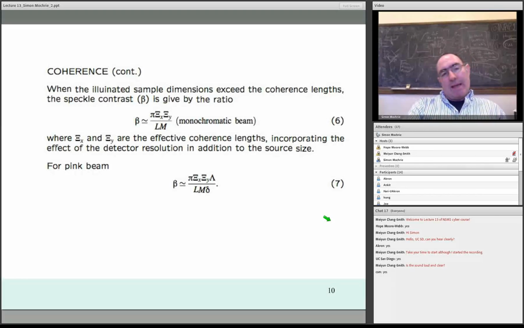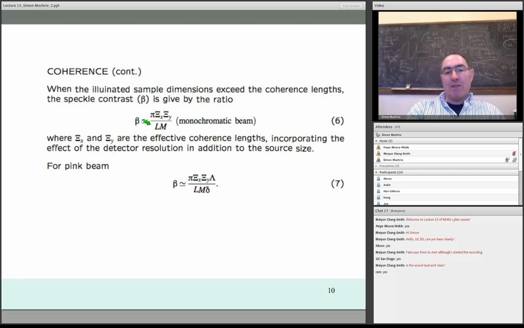So as I proceed, you'll see this quantity beta, which is like the speckle contrast. It's really how visible the speckles are, and I'll show you some X-ray speckles in a minute. But what this formula tells you is simply that beta is related to the coherence area divided by the illuminated area.